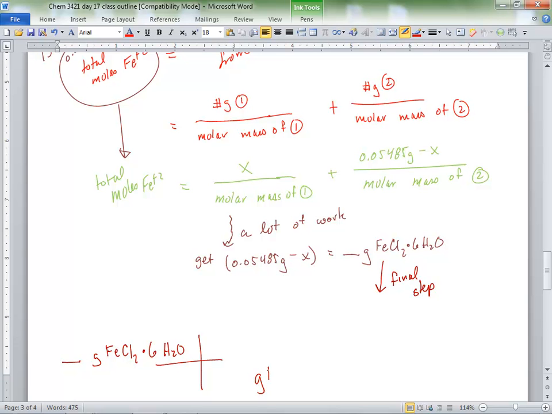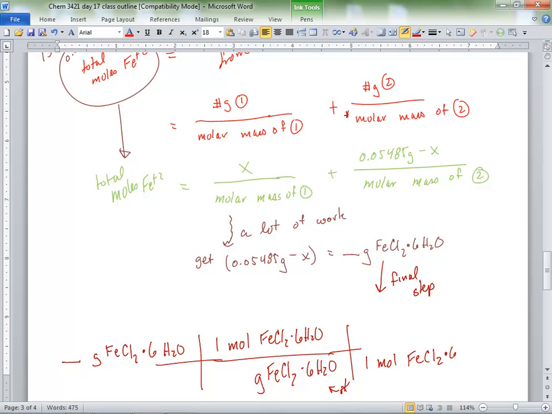The molar mass of it, which you already know because you had it figured out earlier, the same number as this guy. And then in 1 mole of this compound, how many moles of Cl negative do you have?